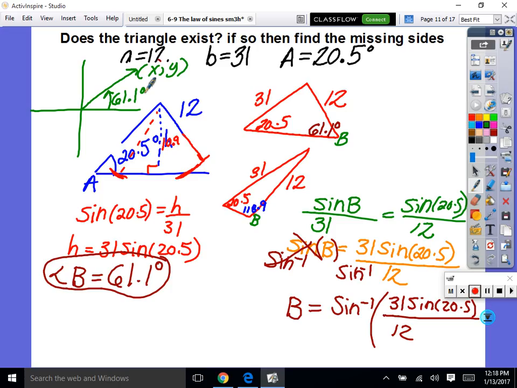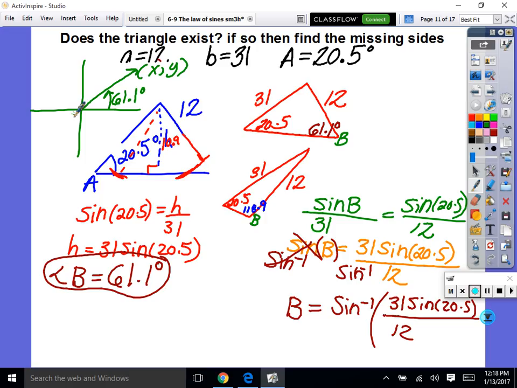But also, what has the same output as that Y? Which angle? So that's a triangle, right? We could draw that down. Well, this wasn't a right triangle. So how do I explain this?